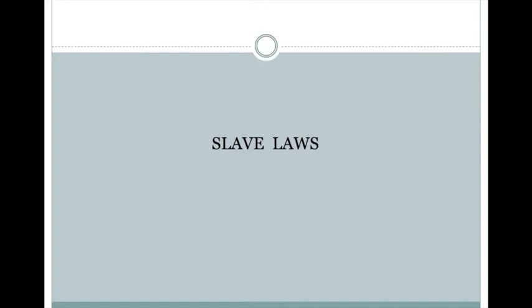A slave could not be on a plantation without a white person present, although some of these laws were enforced differently depending on the plantation. In other words, some masters were more strict than others. Masters controlled whether slaves married and how they spent their free time.